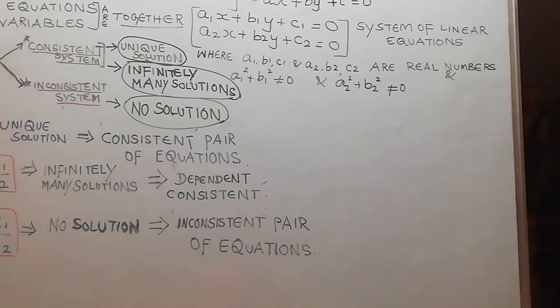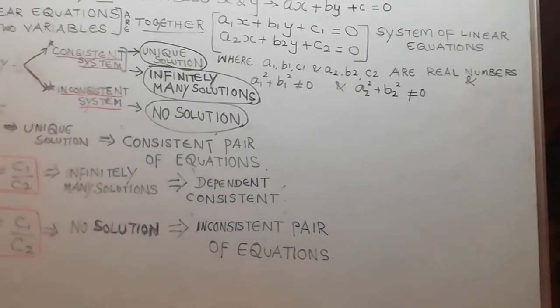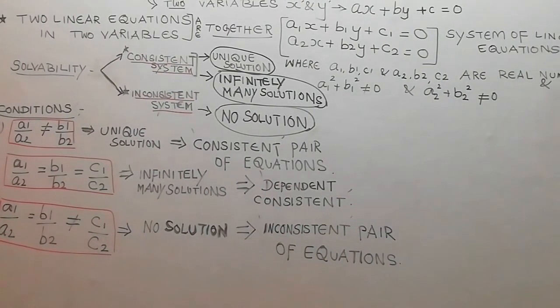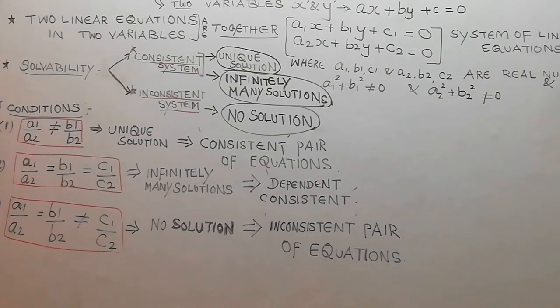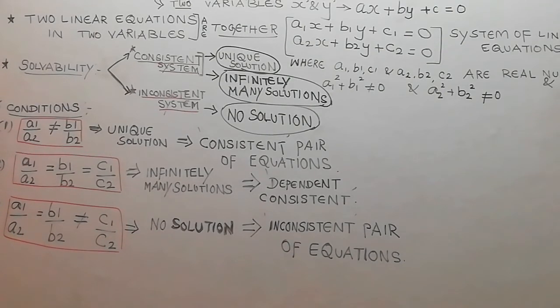Okay. How can you find the pair of linear equations will have only one solution, that is unique solution? The condition is A1 by A2 is not equal to B1 by B2. That means the ratio of the coefficients of x, that is A1 by A2, is not equal to B1 by B2.